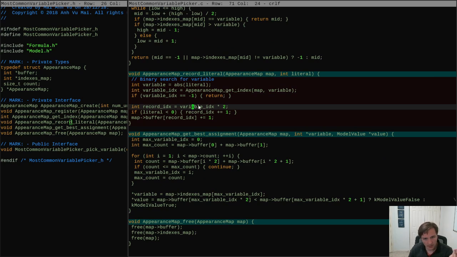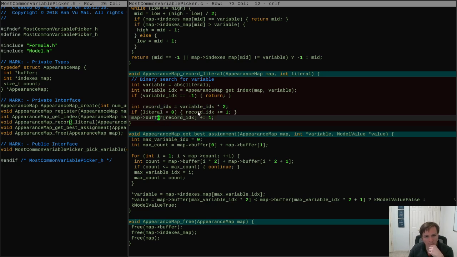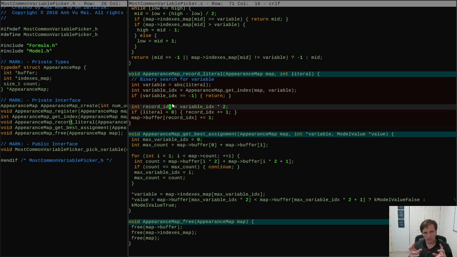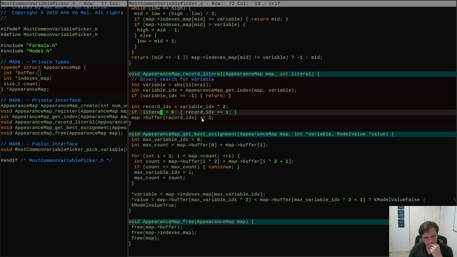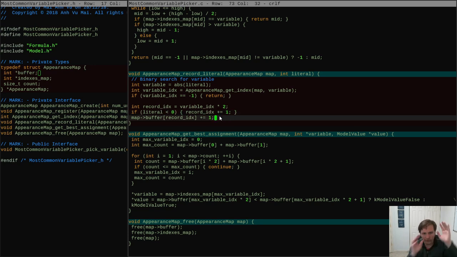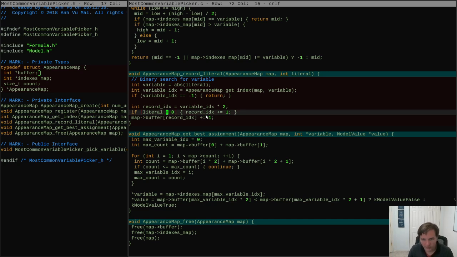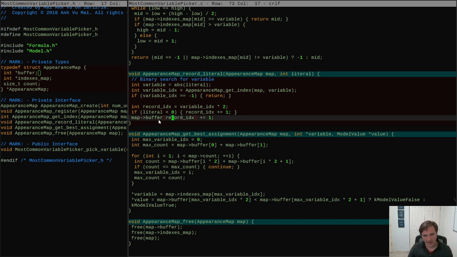But if it is there, we grab the record index. So this is where we go into that buffer. There are two integers inside this buffer for each variable. And so there must be, the first one corresponds to the positive literal, and the second one corresponds to the negative literal. And then we increment it.